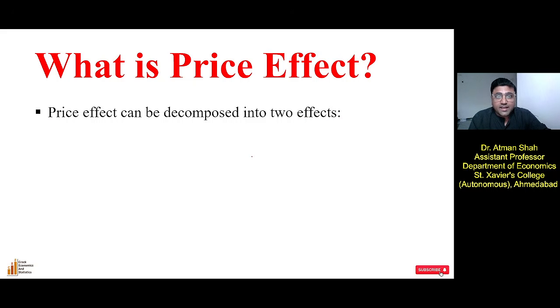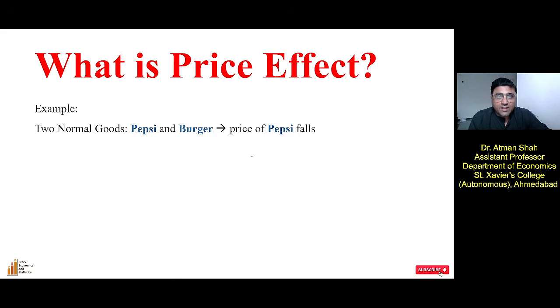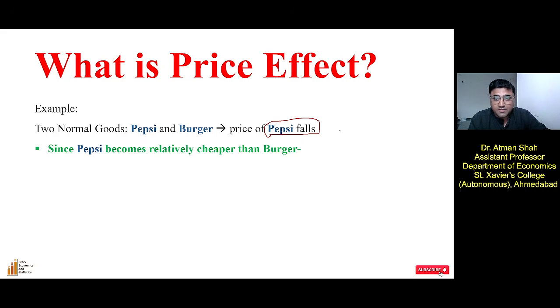Now, price effect can be decomposed into two effects. One is income effect and second is substitution effect. So let's understand this with the help of an example. Suppose we have two normal goods, Pepsi and burger, and we assume that the price of Pepsi falls.